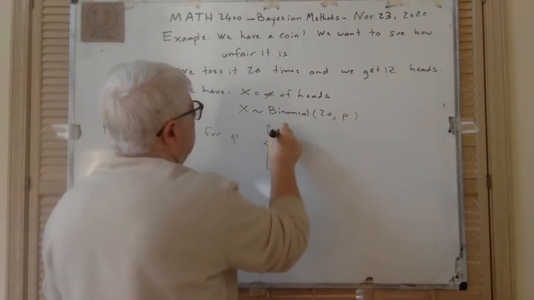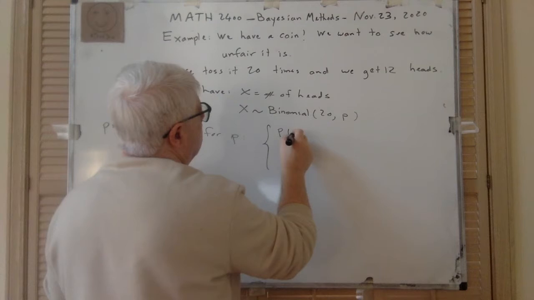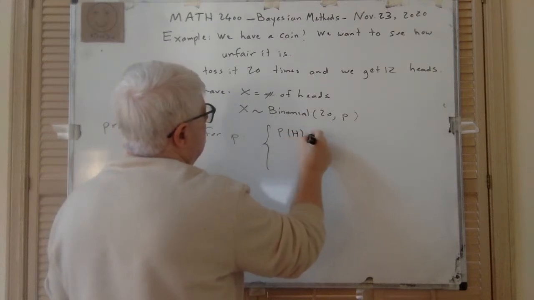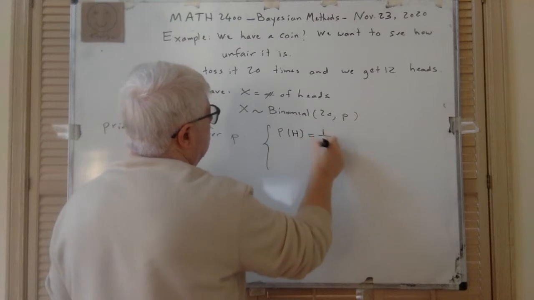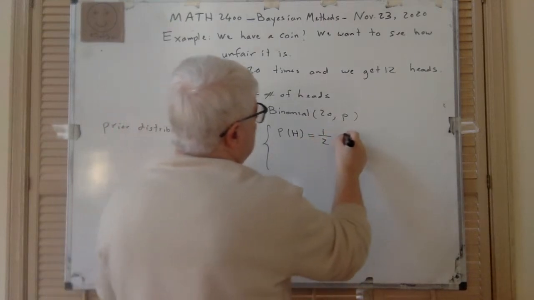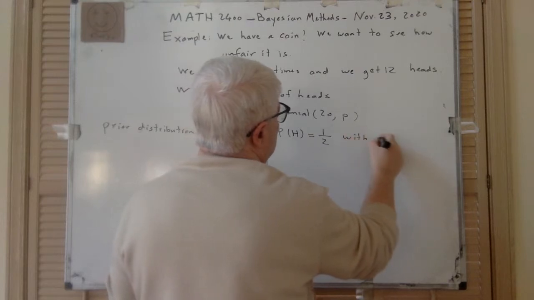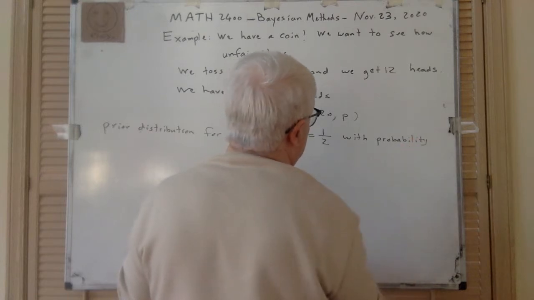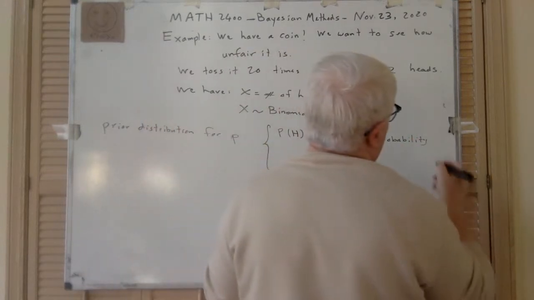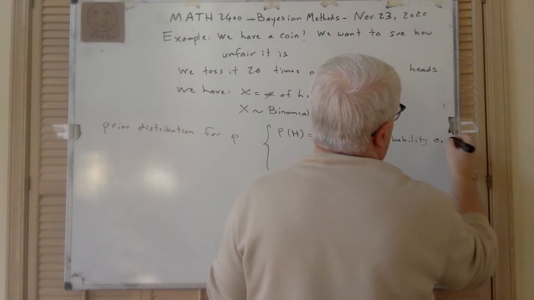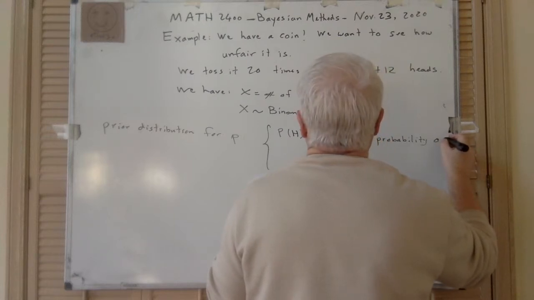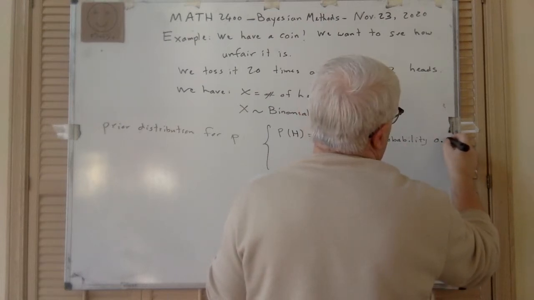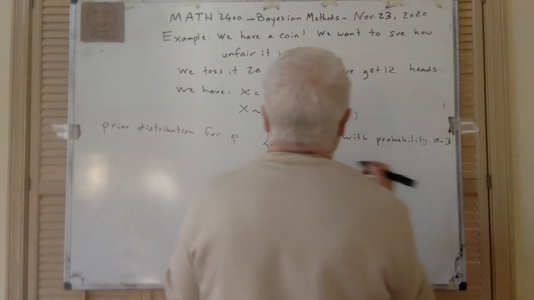We have this P of H. We say it is 1/2 with probability, say, well, we think that it is not fair, so let's say it is with probability 0.3.